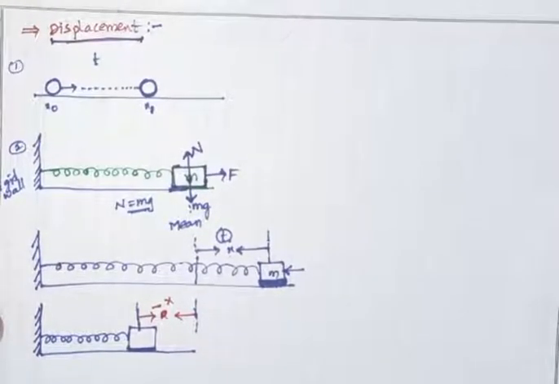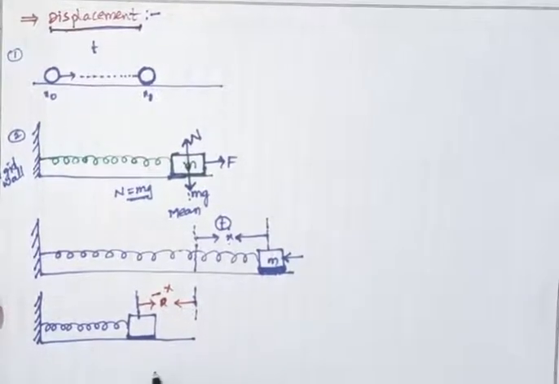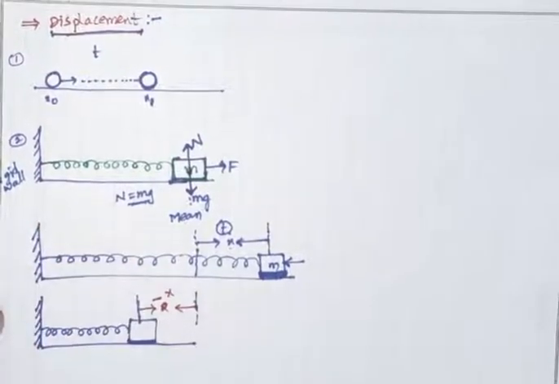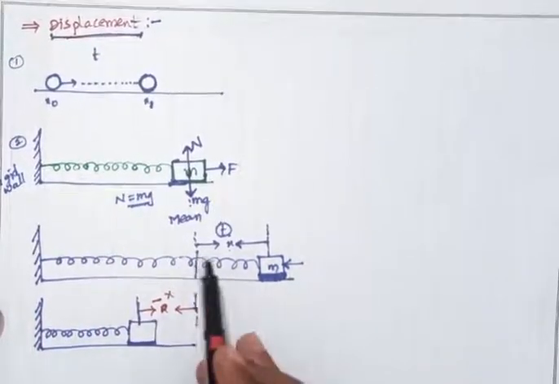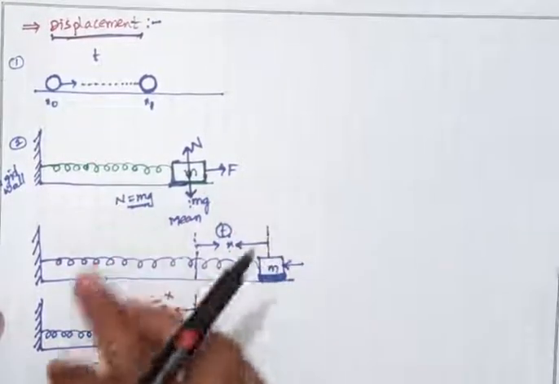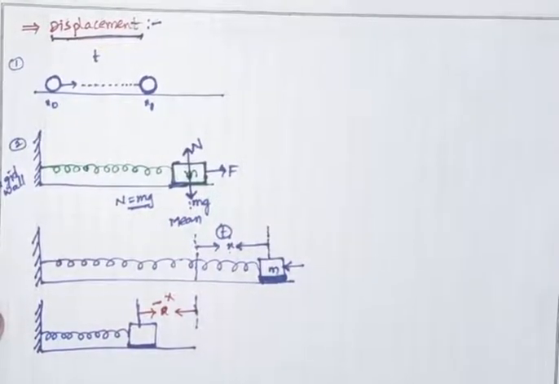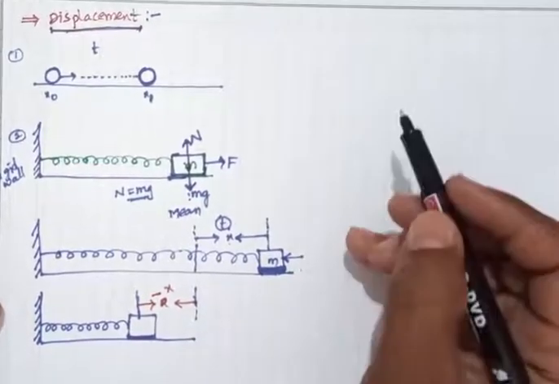This is the displacement of the spring. It moves to and fro at equal time intervals, which is called oscillatory motion.